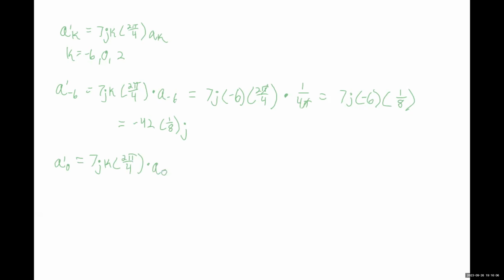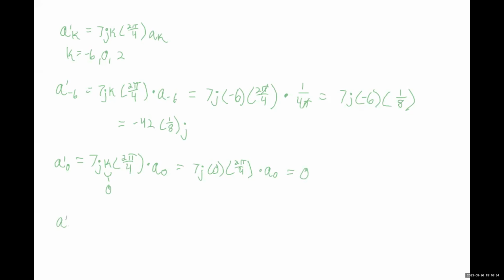Now we can immediately see that we have this k term multiplied by everything else. When we plug 0 in, we get 7j times 0 times 2 pi over 4 times a naught, or a0, which gives us 0. So for this case, a prime of 0 is going to be equal to 0.